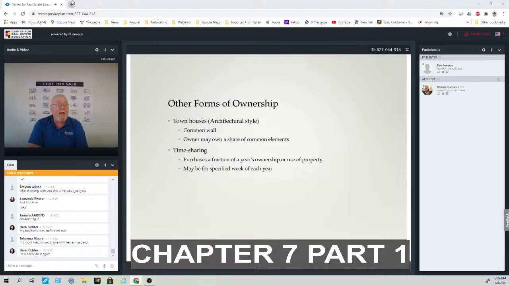And owners may have shares of common elements, so they may have a homeowners association for those townhouse-style buildings, those brownstones. It's another type of ownership. You do own real estate, and you do get the write-offs of ownership from owning real estate.